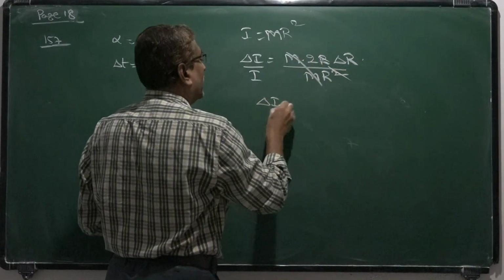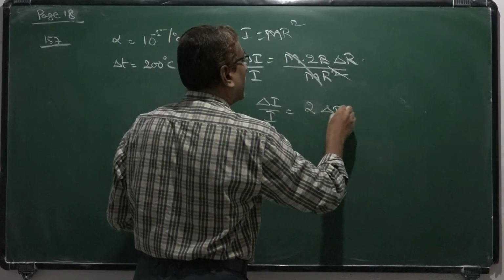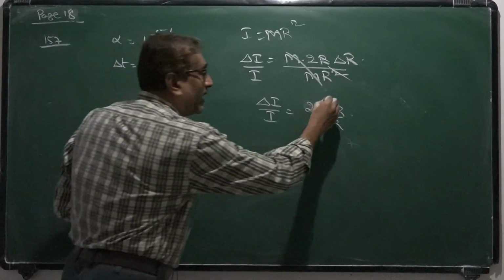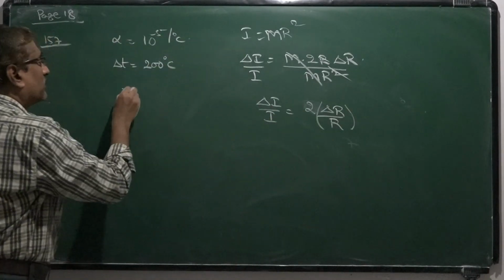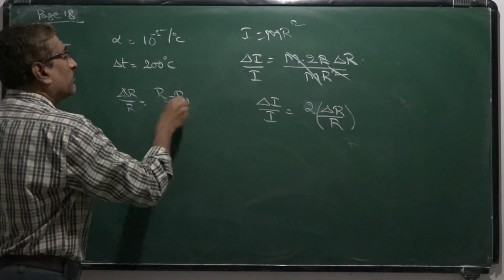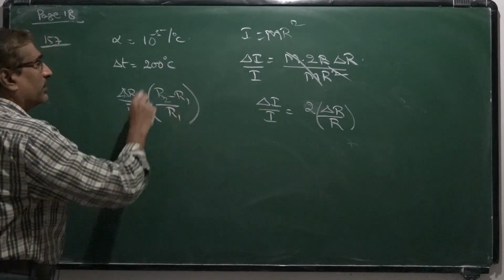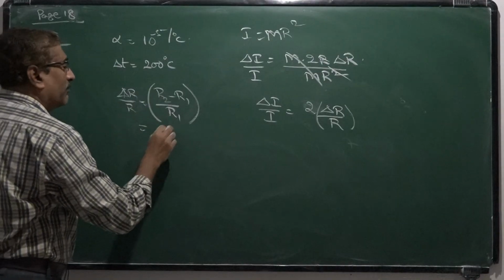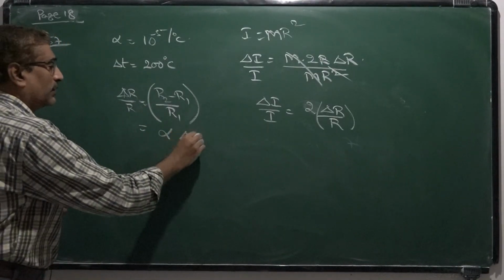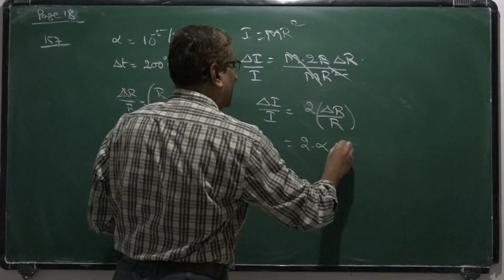So delta I by I is equal to 2 delta r by r. But delta r by r is equal to (r2 minus r1) by r1, that is nothing but alpha delta T. So now substituting here, that is 2 alpha delta T.